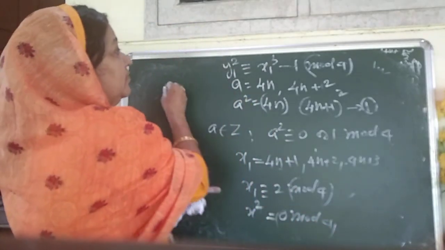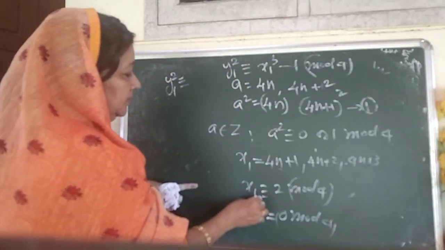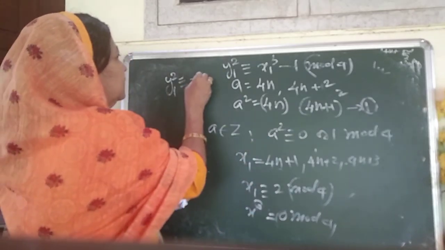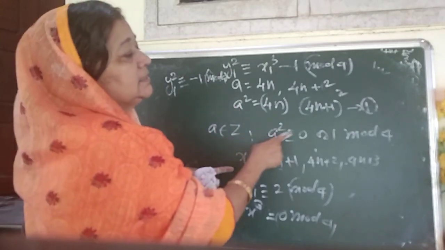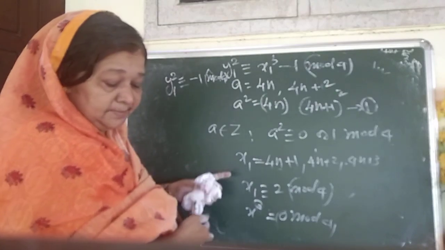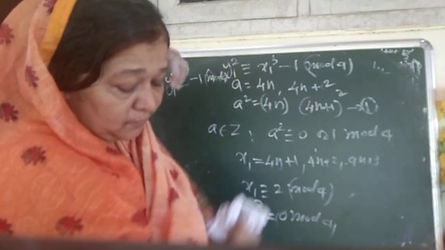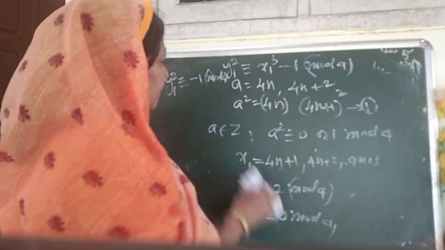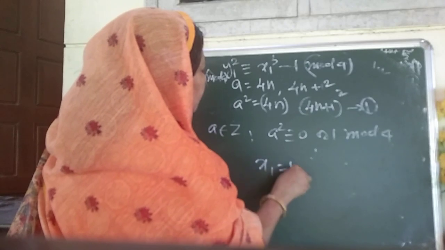So y1 square is congruent to minus 1 mod 4. But we know every square is either 0 mod 4 or 1 mod 4, so minus 1 mod 4 is not possible. Similarly, we can see that 2 mod 4 is not possible. So the only possibility is that x1 is congruent to 1 mod 4.